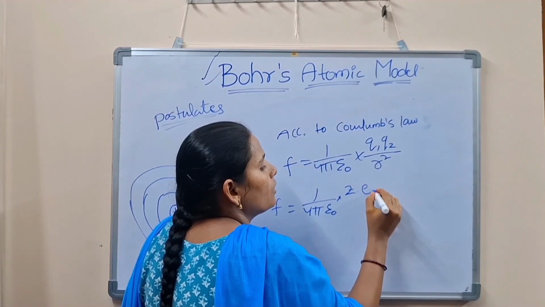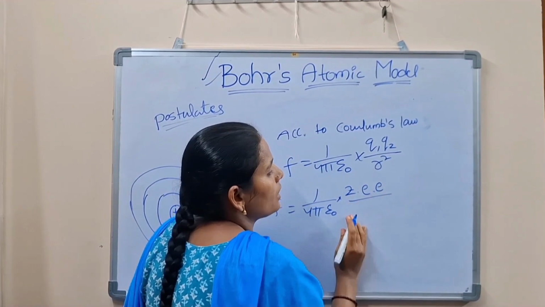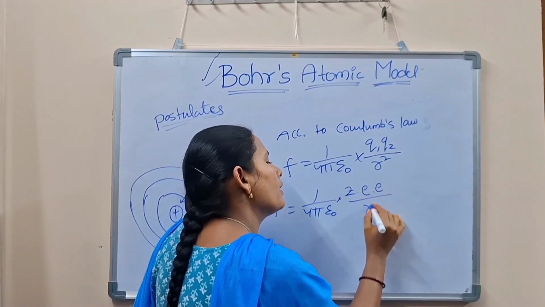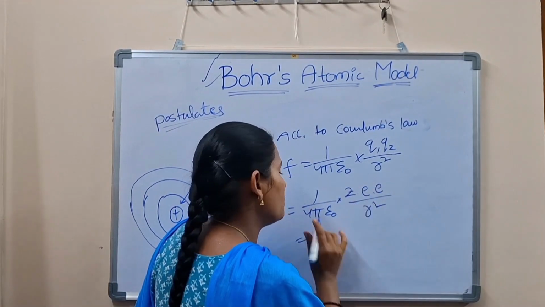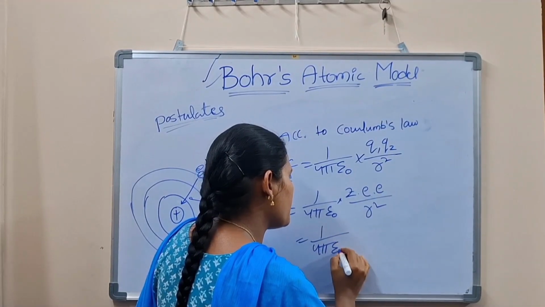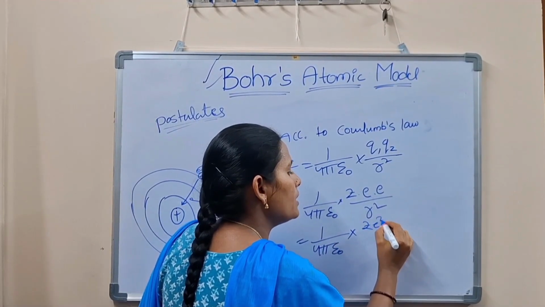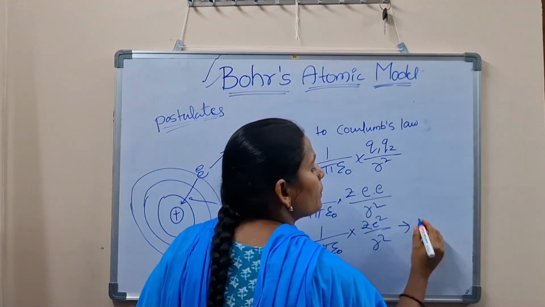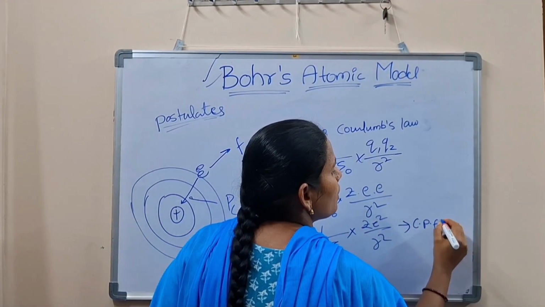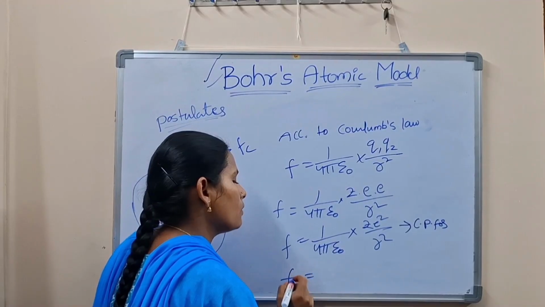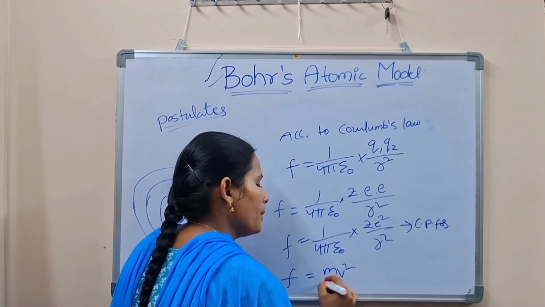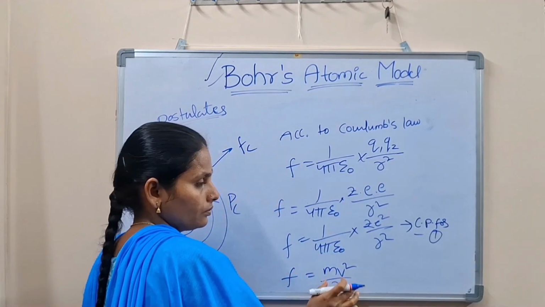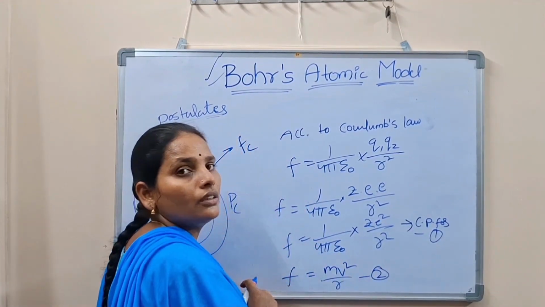Then we are writing Z into E. Here Z is 1, by R square. From this we are simplifying 1 by 4 pi epsilon naught into Z square by R square. This is the centripetal force. Centrifugal force equal to mv square by R. This is equation 1. This is equation 2.